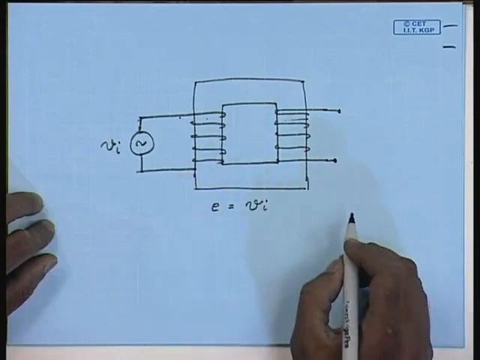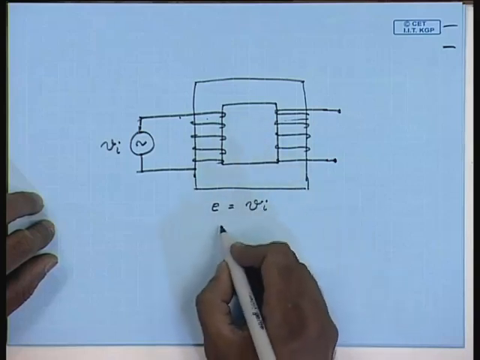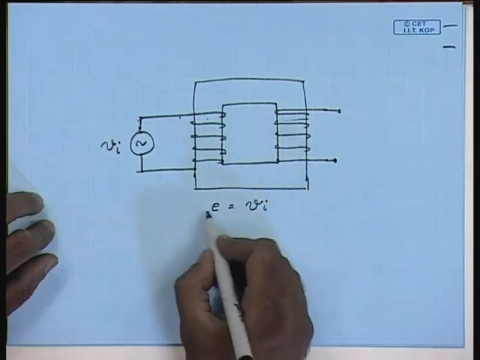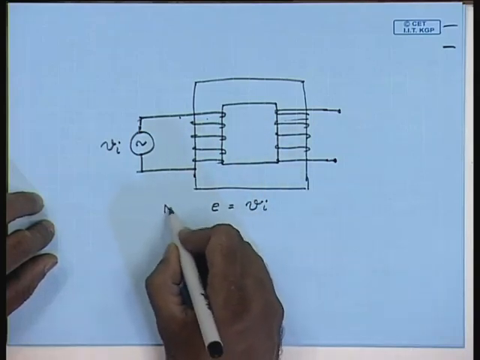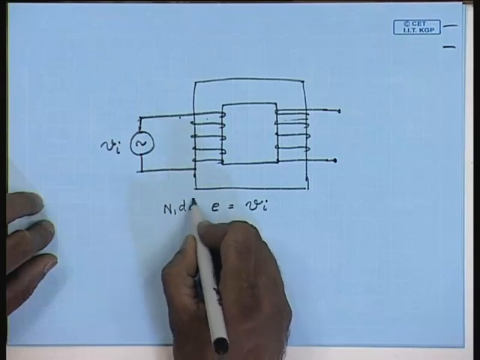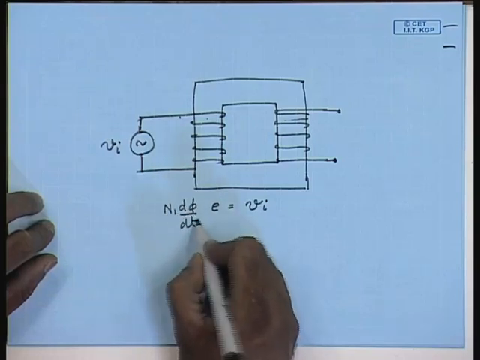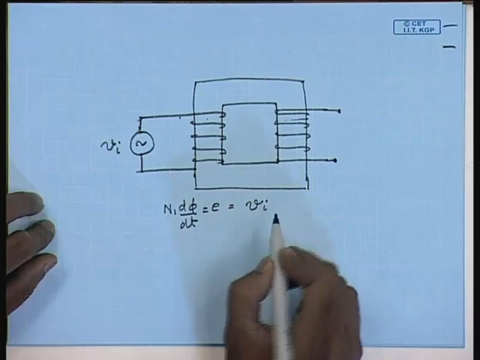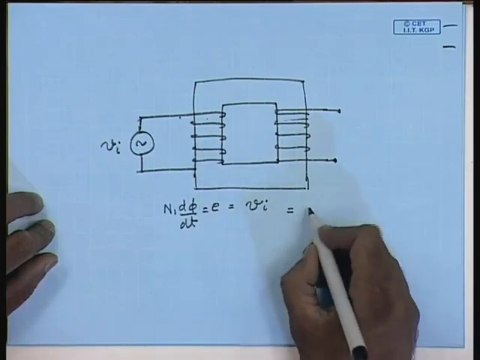Hence, the flux, which is given by N1 dφ/dt equal to E, will be a sine wave.